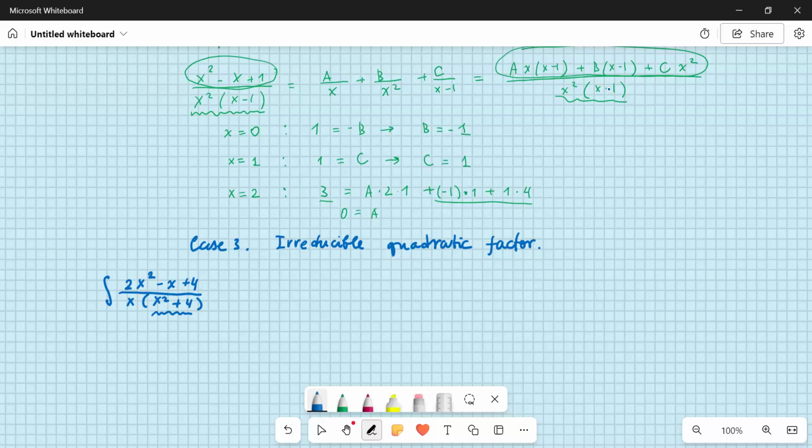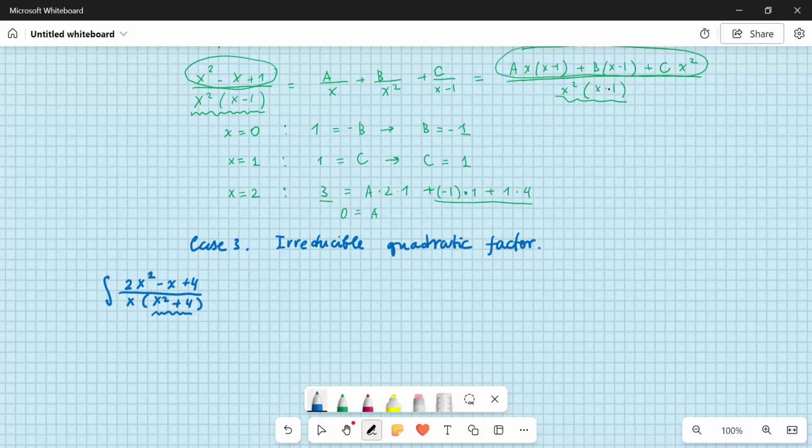Remember that you can factor, and each of the factors has a zero, like x minus a, x minus b. This one you cannot factor, or actually you can, but it's going to involve complex numbers. So factors like this, which are never equal to 0, are called irreducible quadratic factors.